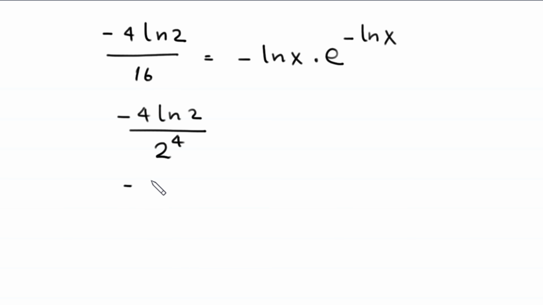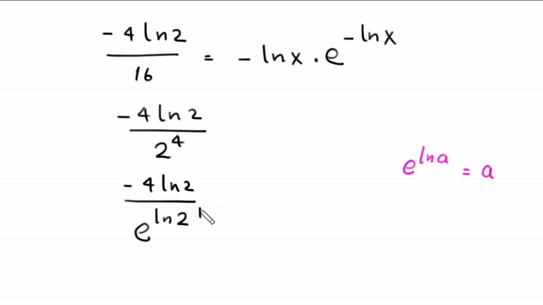Next, negative 4 times ln of 2 divided by, using this natural log property, e to the power ln of a is equal to a, we can write this 2 to the power 4 as e to the power ln of 2 to the power 4 is equal to, this right hand side negative ln of x times e to the power negative ln of x.